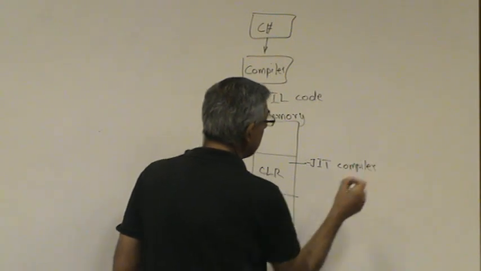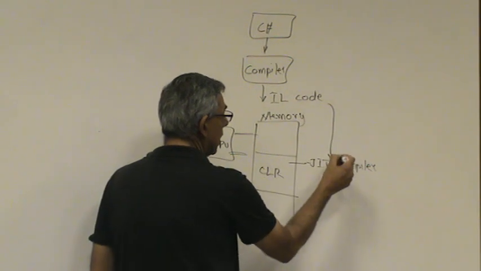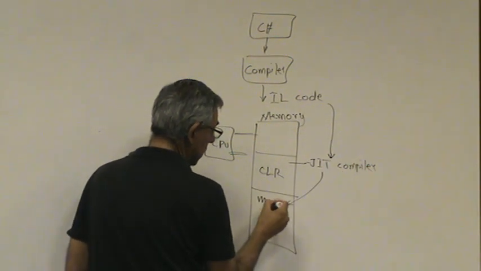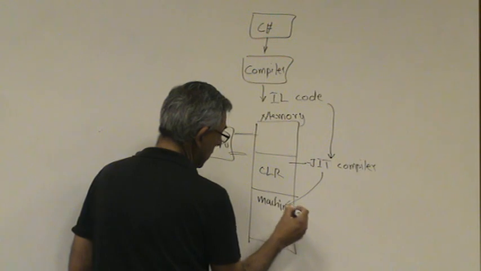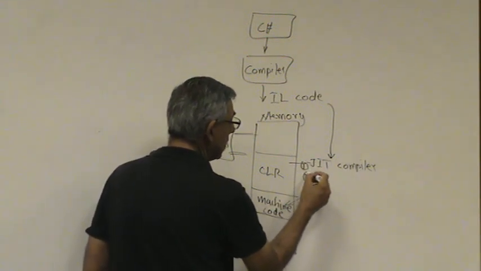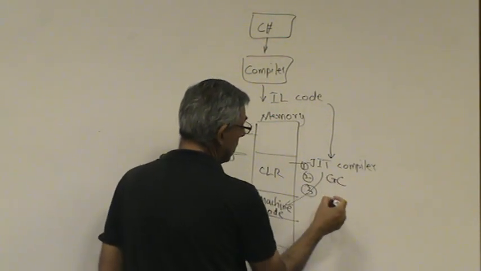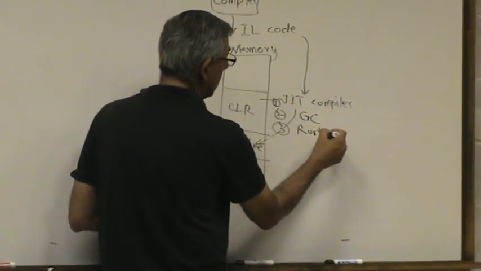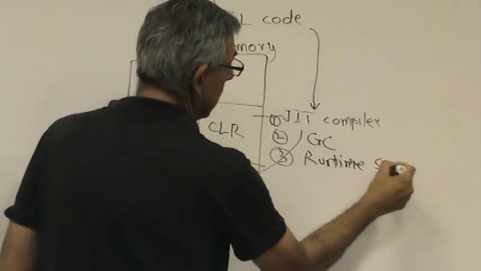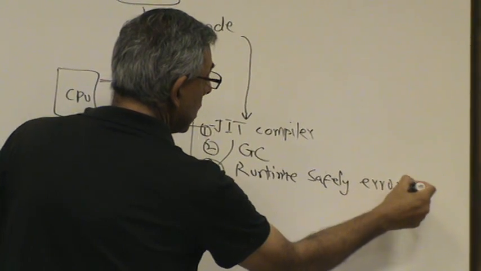What's the job of the just-in-time compiler? To take this IL code and convert it to machine code. The second part of the CLR was garbage collector, and third was runtime safety and error checking environment, right?